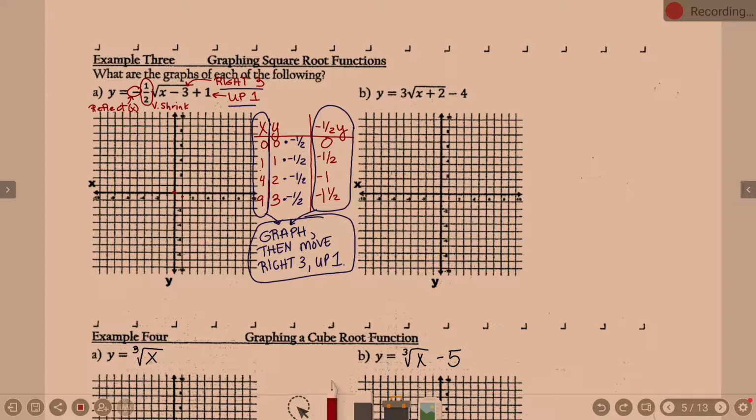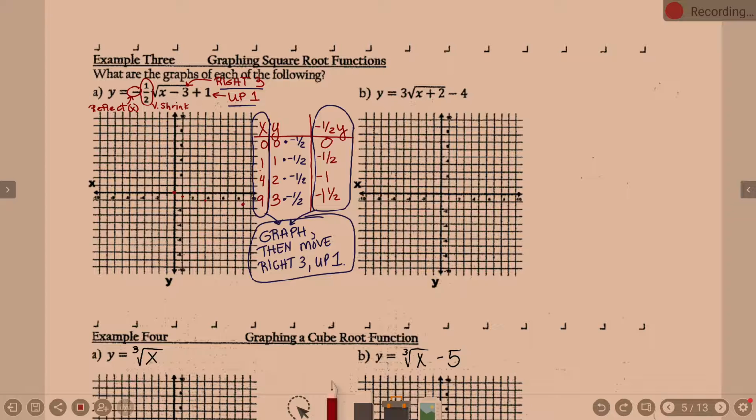So right 4, down 1. Instead of 9, 3, I'm going to graph 9, negative 1.5. So I'm going to go right 9 and down 1.5.